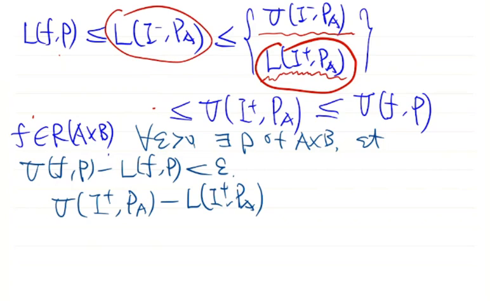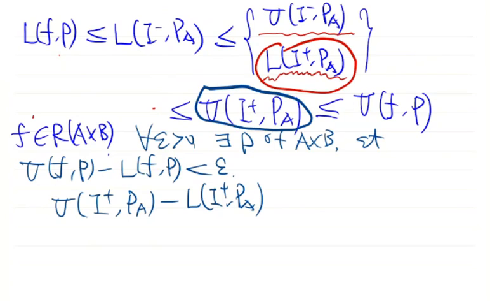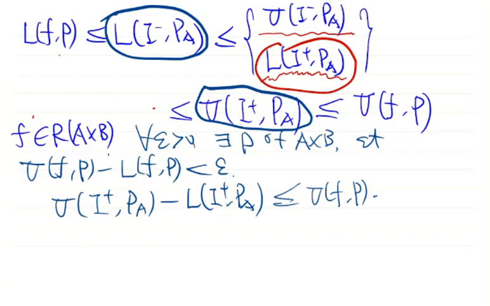These two numbers lie between the upper sum and the lower sum of F. Therefore, the difference of these two terms will not be greater than the difference of the upper sum and the lower sum of F. So this will not be greater than UFP minus LFP, which is less than epsilon.